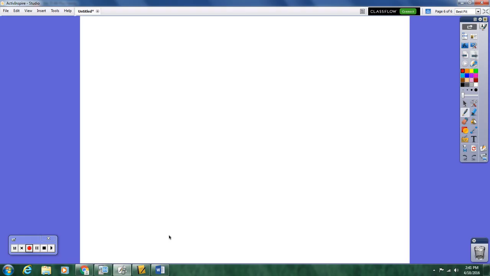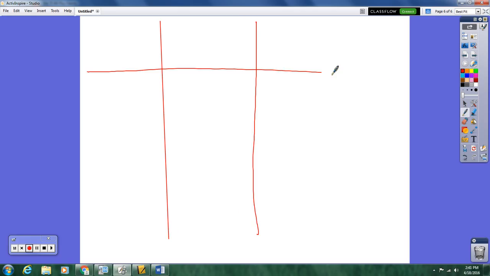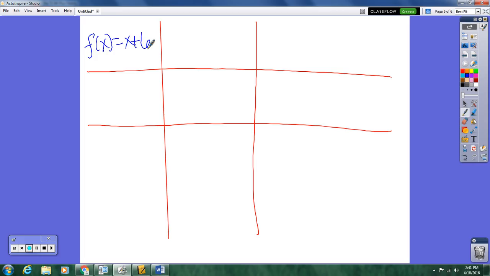The first one says f of x equals x plus 6. This is like the very first one we did. So the first column has the equation. The second column says the equation of the parent function.